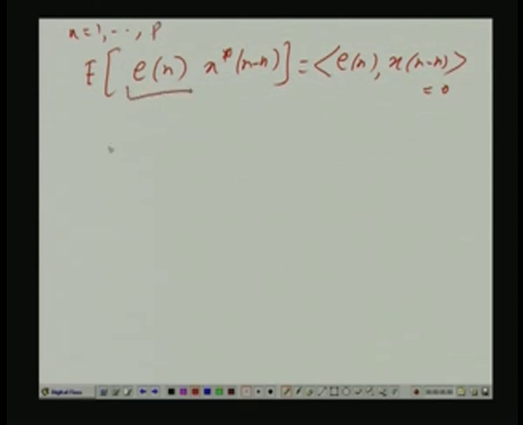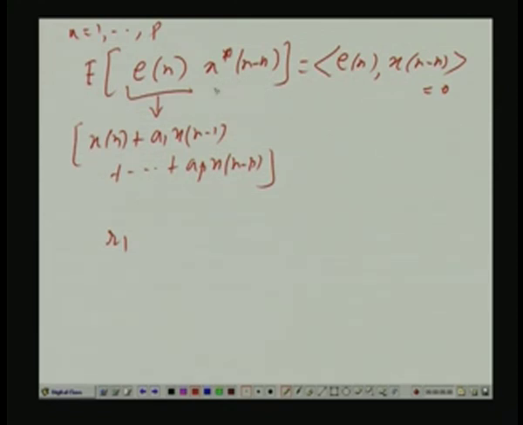Now, if I put here this term x[n], then what I get for k equal to 1 is simply r 1. For k equal to 1, I am taking the first term x[n], then x star[n-1].